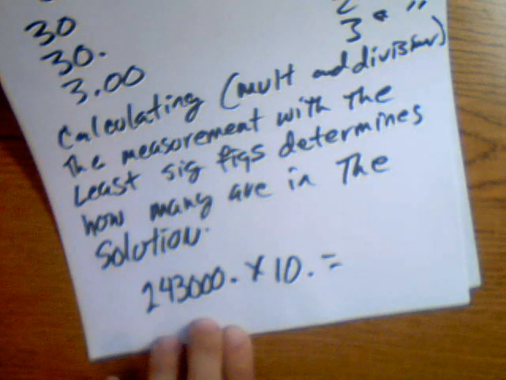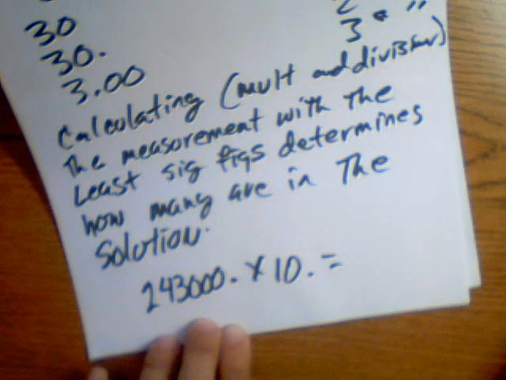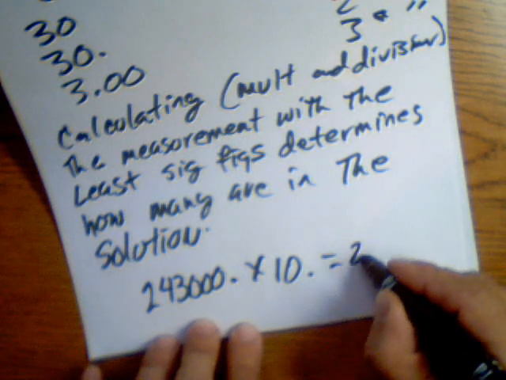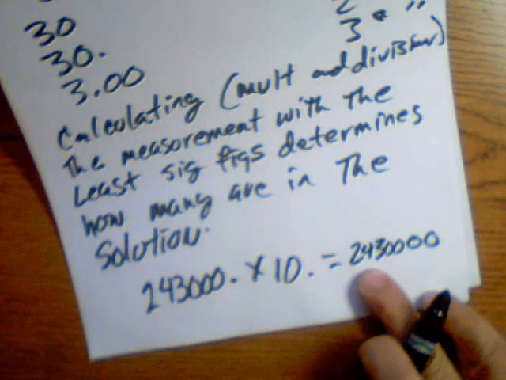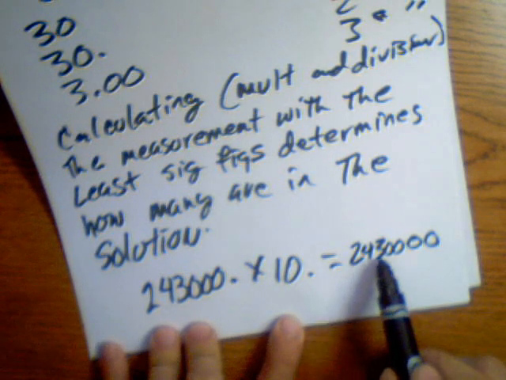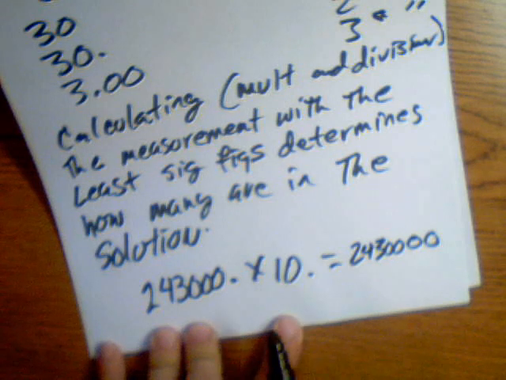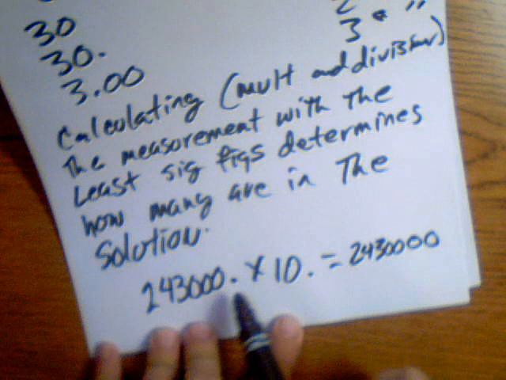So if we were to calculate this number on our calculator, out of curiosity, I'm wondering how many digits the calculator gives. Well, this would not be the number that you could put on your assignment or your exam, because this has more sig figs than the least number of sig figs in the equation.